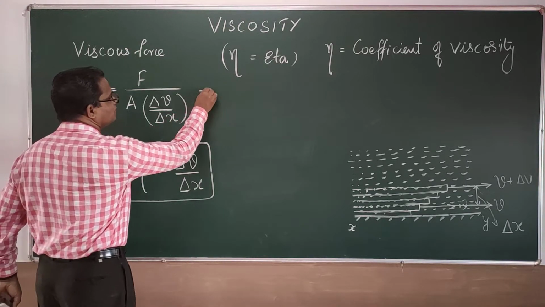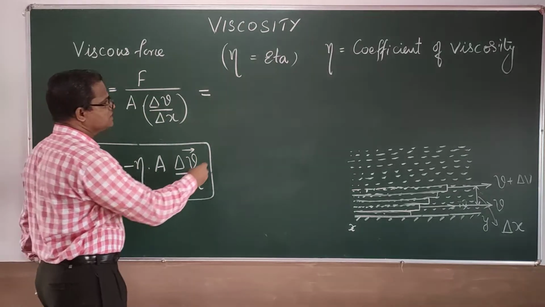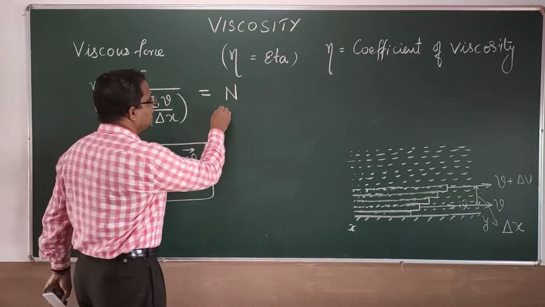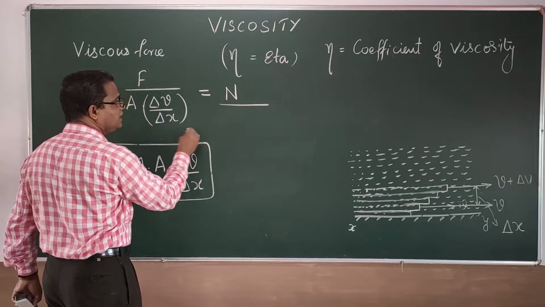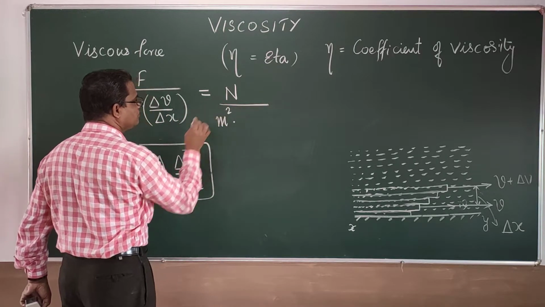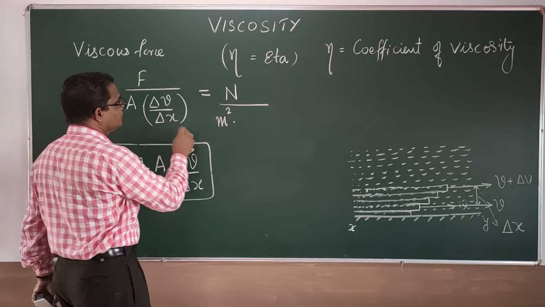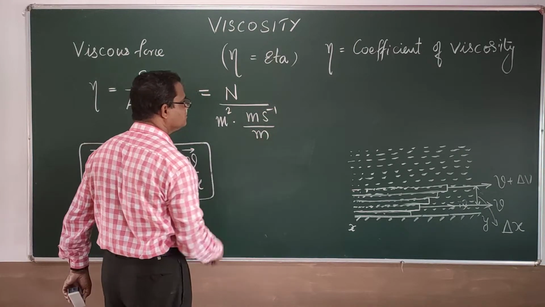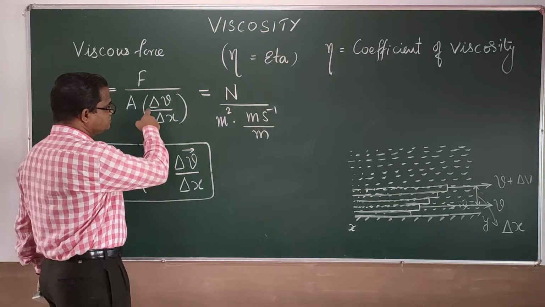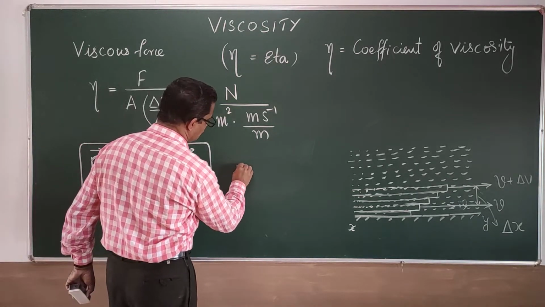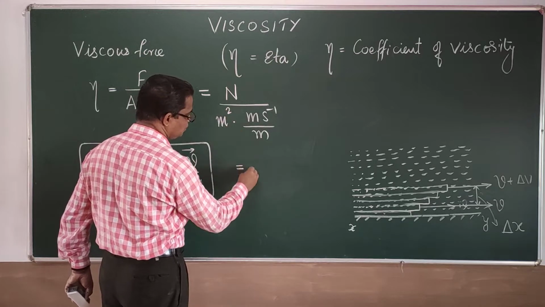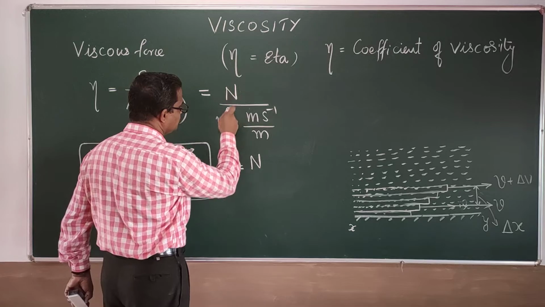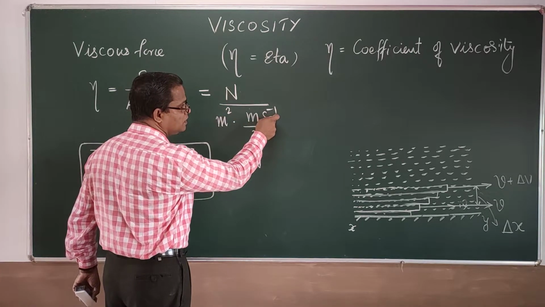So for the coefficient of viscosity, when I substitute the units of these quantities, I get force in Newton divided by area in meter square, then meter per second divided by meter. So what I get from this is Newton, meter and meter cancel, Newton per meter square second.